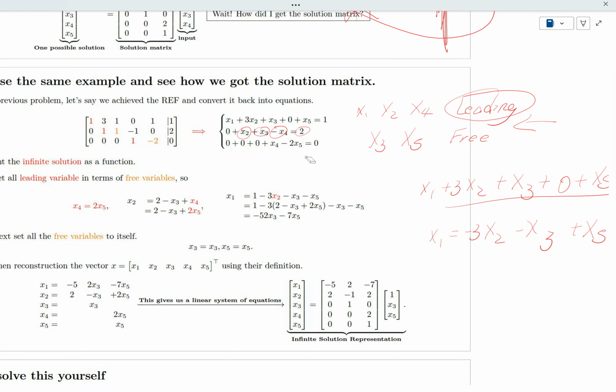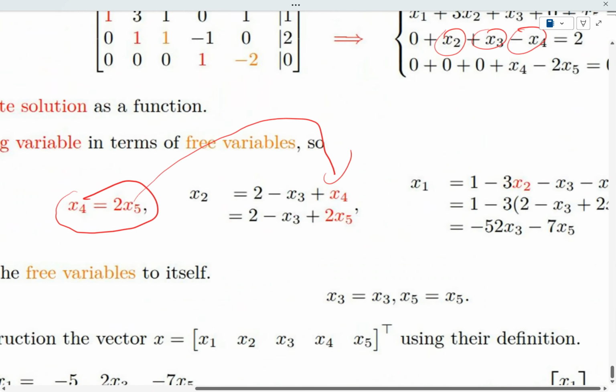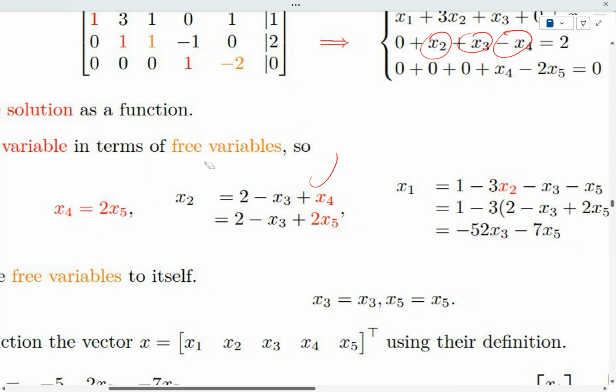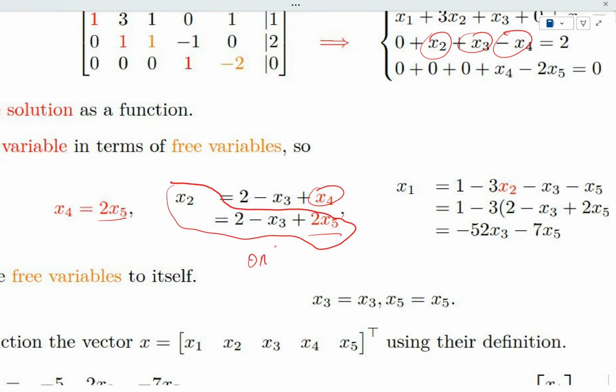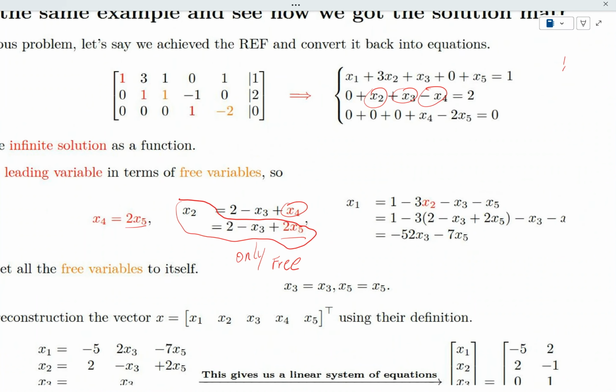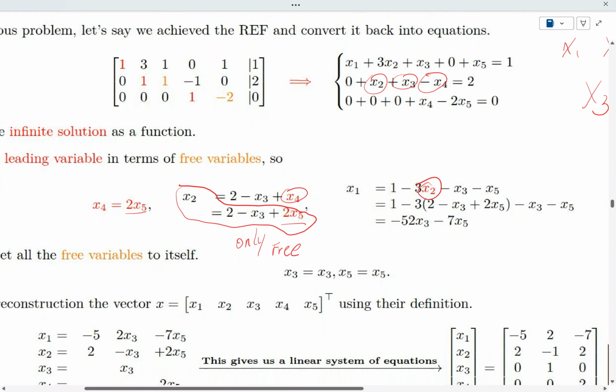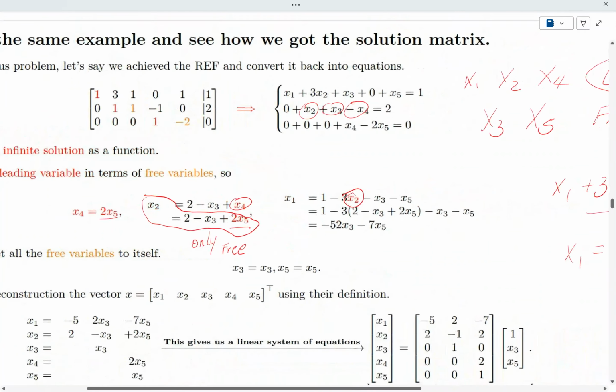Okay, 2x5. So in this equation, the leading variable is in terms of free variable only. So now we can plug x4 in here. Instead of x4, we just replace it with 2x5. So now we have an equation only in terms of the free variable. We do the same thing because x2 here is not a free variable.